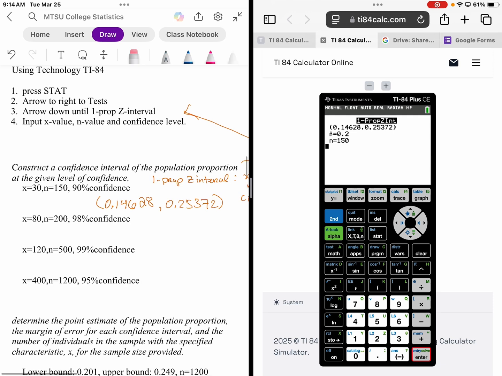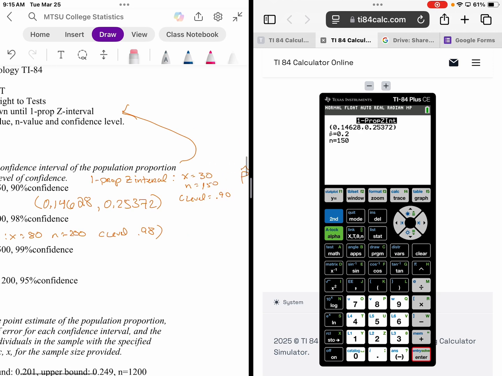And so, again, we can all work at different speeds. If you can go through and find the interval for each of the next 3 just to keep practicing. Again, I'm doing a one prop Z interval. My X is 80, my N is 200, and then my C level is 0.98. So that's my calculator command. And then we just go ahead and do it. So stat over.